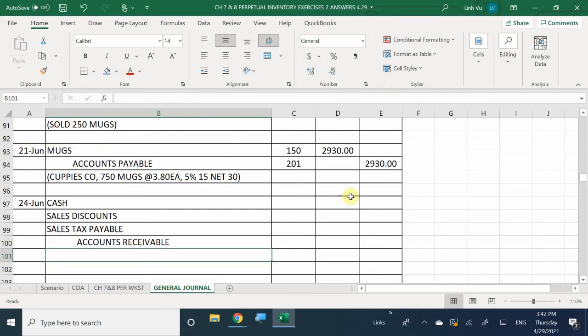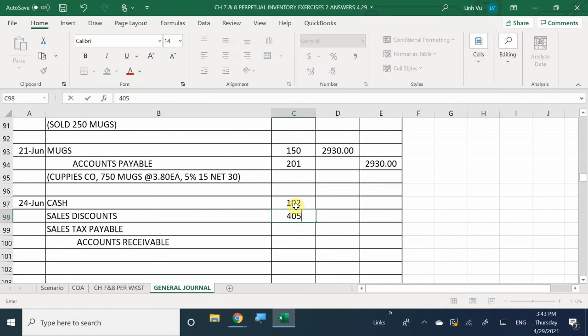So account numbers first. Cash is 102. Sales discount 405, 230, and 103. Right? So let's go ahead. We determined that we sold a total of 500 mugs, because we sold originally 600, but we returned 100. So therefore, we only sold a total of 500, times $10.